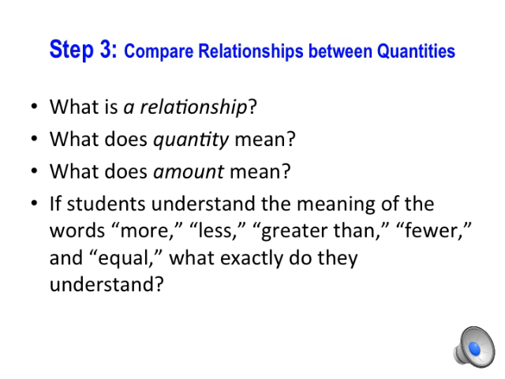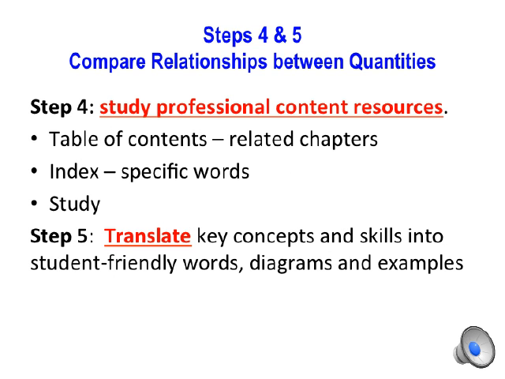One of my questions is, what is a relationship? What does quantity mean? What does amount mean? If students understand the meaning of the words more, less, greater than, fewer, and equal, what exactly do they understand?